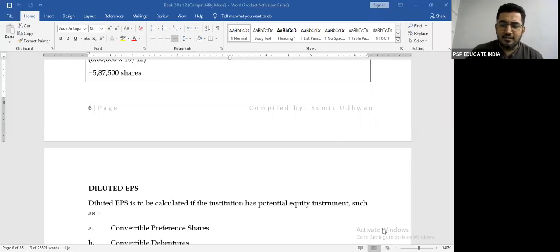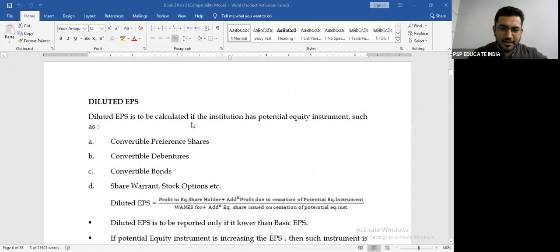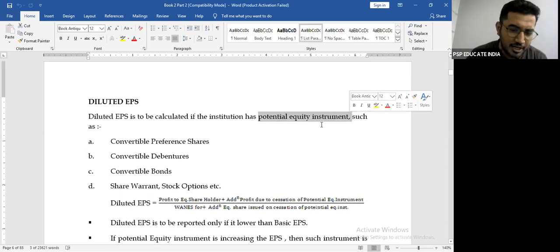Right, if this is done, let's go to the last part of this accounting standard, that is your diluted EPS. Now let's understand this entire concept. Diluted EPS is to be calculated if the institution has potential equity instrument. Very interesting point. This is potential equity instrument.